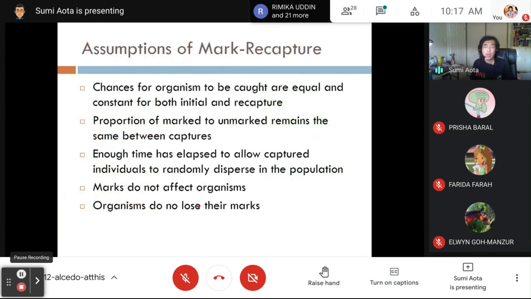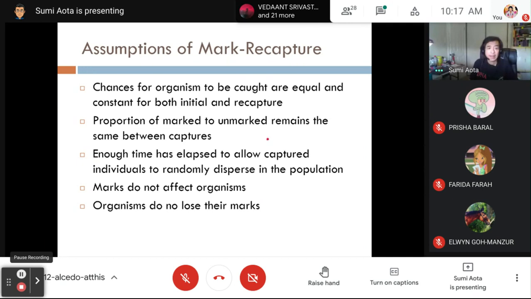Okay. So in order for this to work, there are five assumptions. The chances that an organism is going to be caught is equal and constant the first time and the second time. In other words, the chance that an individual can be captured is unchanged by the fact that it's been marked. The proportion of marked to unmarked organisms is constant or the same between captures. In other words, the population hasn't changed.